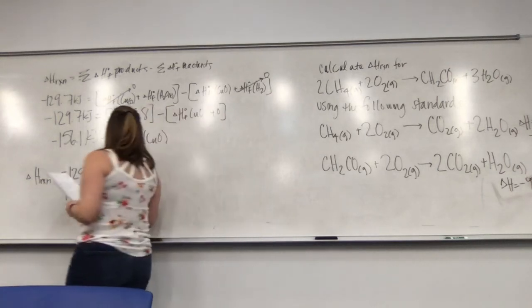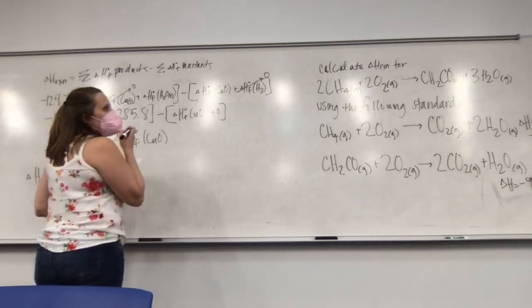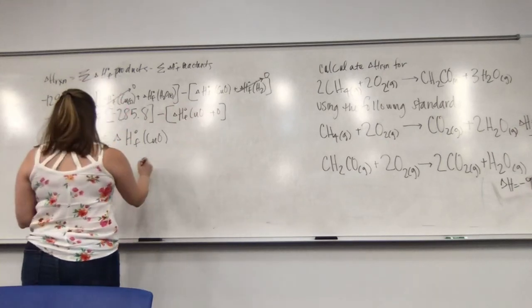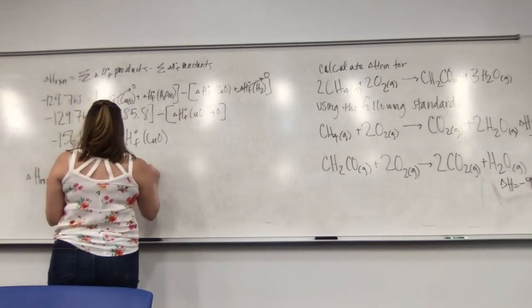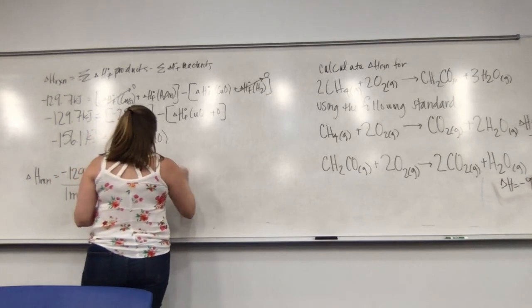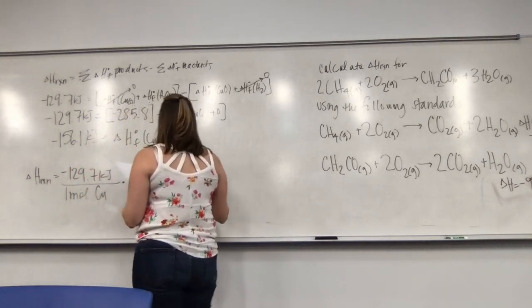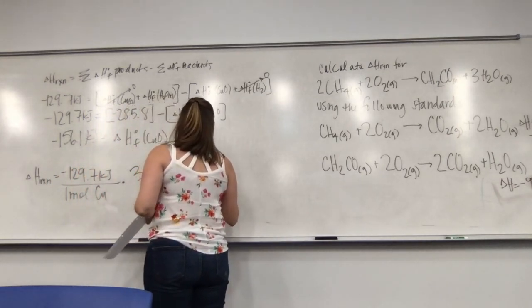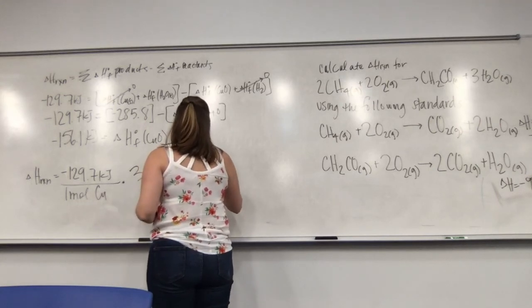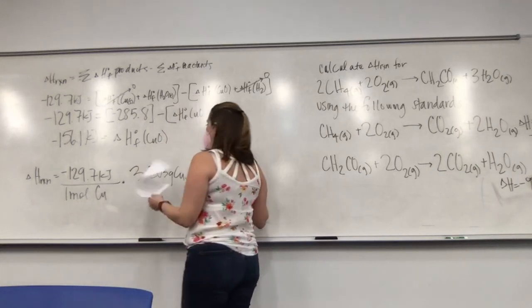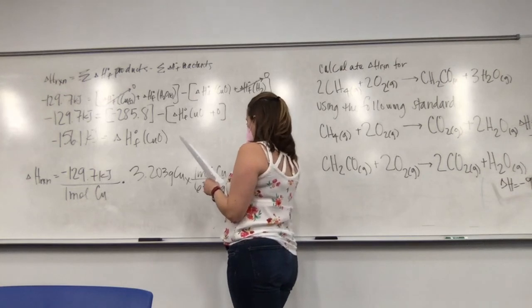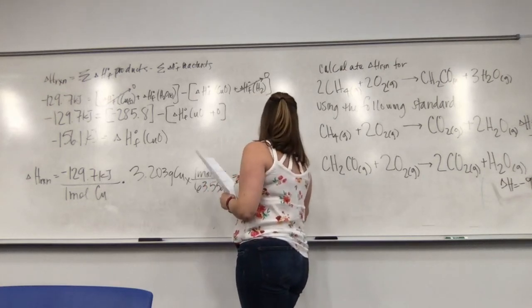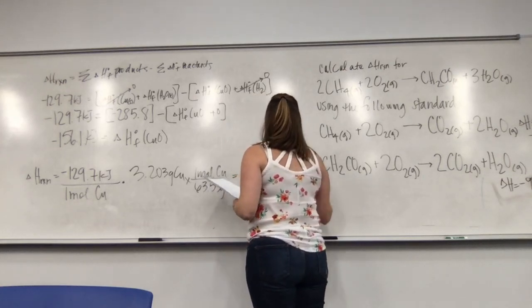Then we multiply that by the number of moles that we have. We take 3.203 grams of copper, divide by the 63.55 grams in 1 mole of copper, and all together this gives you negative 6.537 kilojoules.